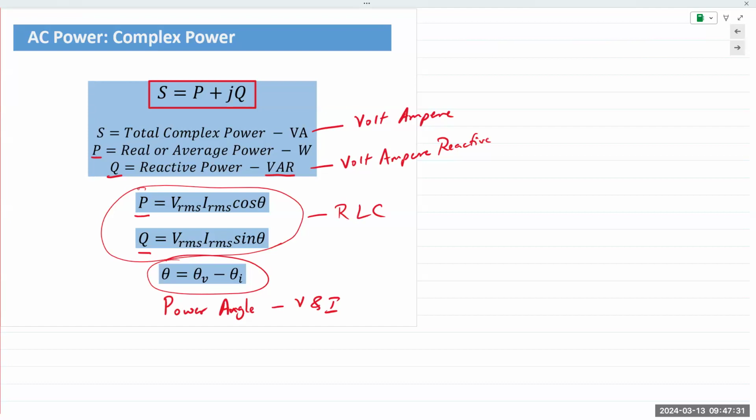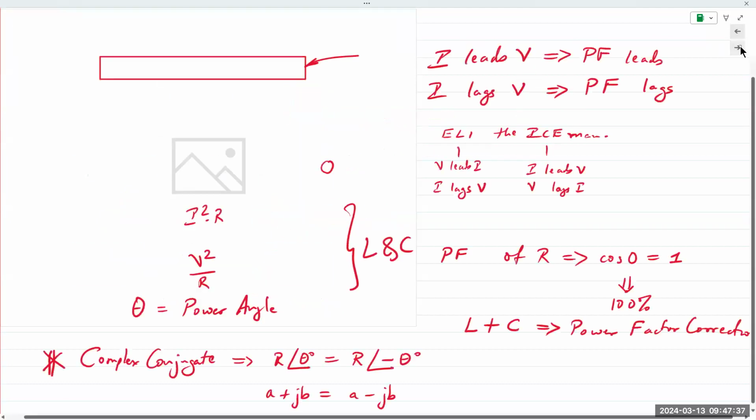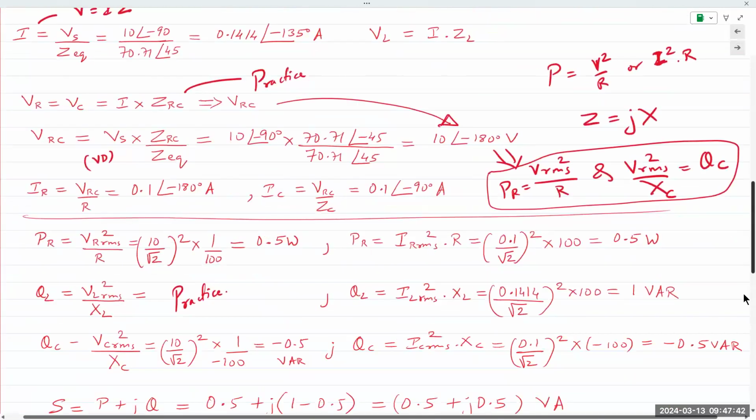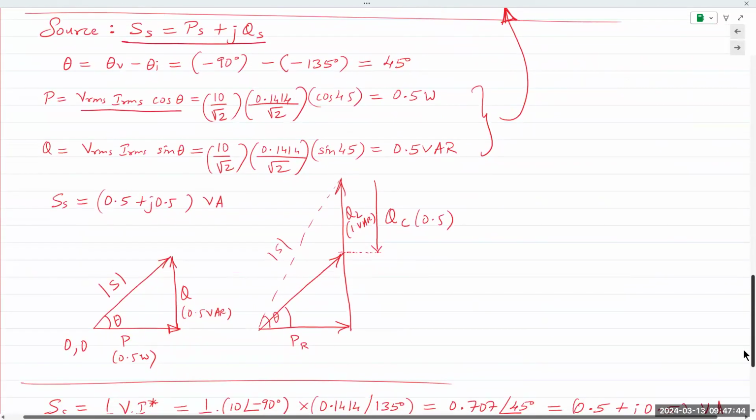So we could use these equations to find Q_L and Q_C also in this example. That is also another way to practice finding Q_L and Q_C. This is just for the source. For the source, the voltage was already given to us. We found the current.